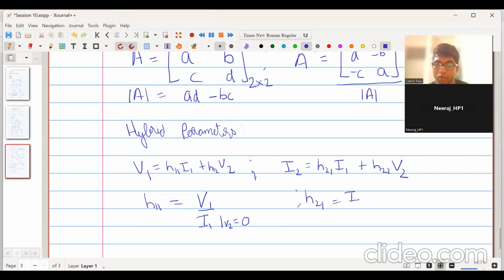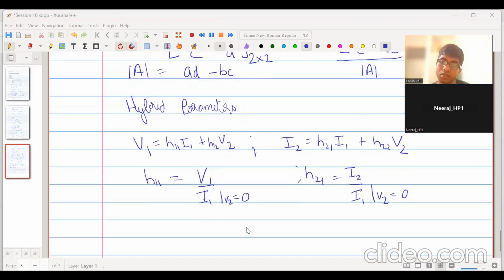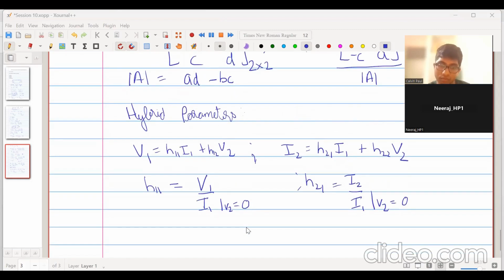Okay, so let us assume we have H21 is equal to I2 upon I1 when V2 is equal to 0. So what is the dimension of H21? Yeah, it is dimensionless, because two quantities which have the same dimension are divided, so it is unitless. So what will be the dimension of H22?